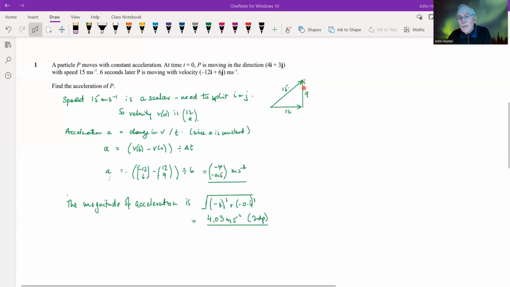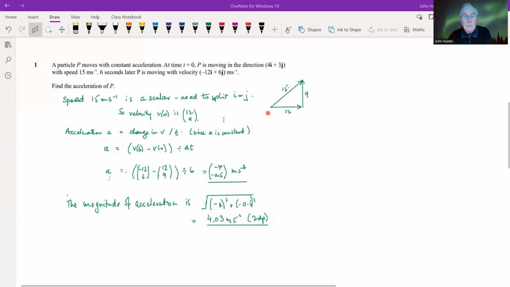And if we write it out like that, we can see that this is a kind of triple length 3, 4, 5 triangle. So from that we can easily deduce that the velocity vector is 12, 9. Okay, so that certainly moves in the direction 4i3j, and it certainly has magnitude 15.